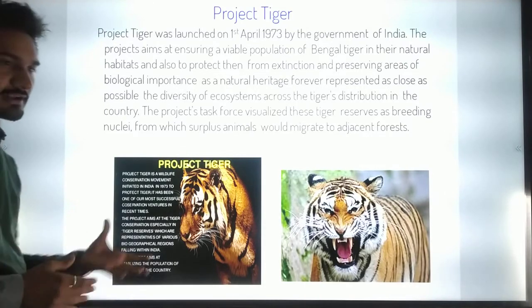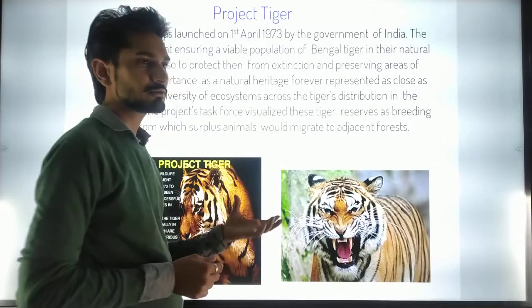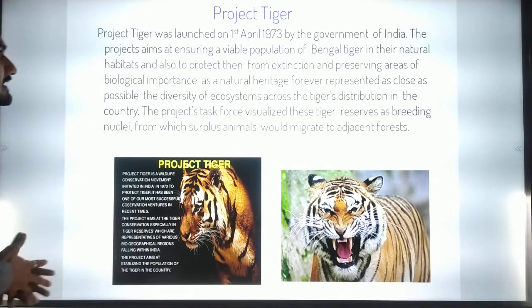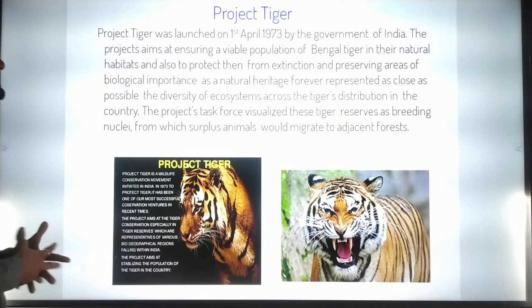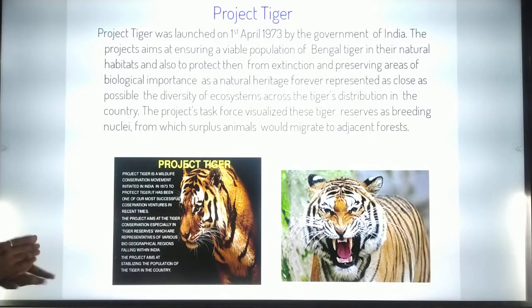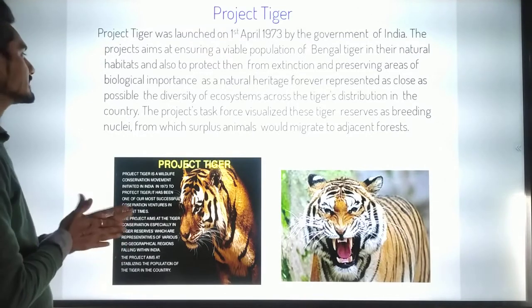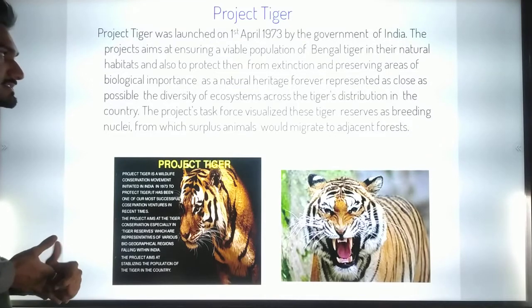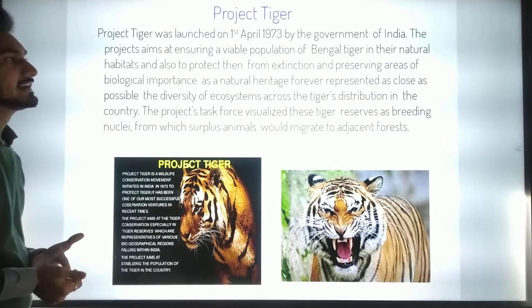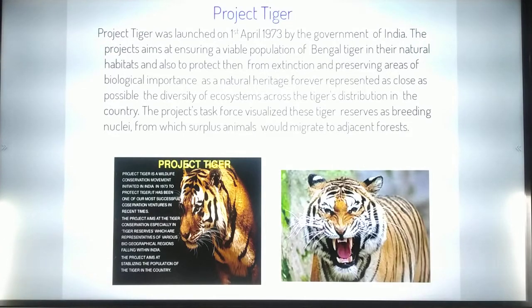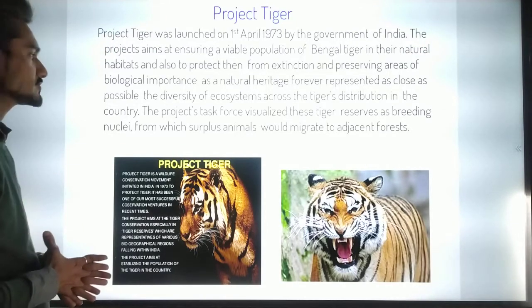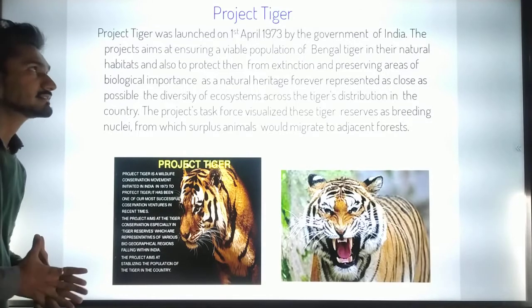So for protecting the Bengal tiger, we have to reserve them. Also to protect them from extinction and preserve areas of biological importance as a natural heritage forever, representing as closely as possible the diversity of ecosystems across the tiger's distribution in the country.